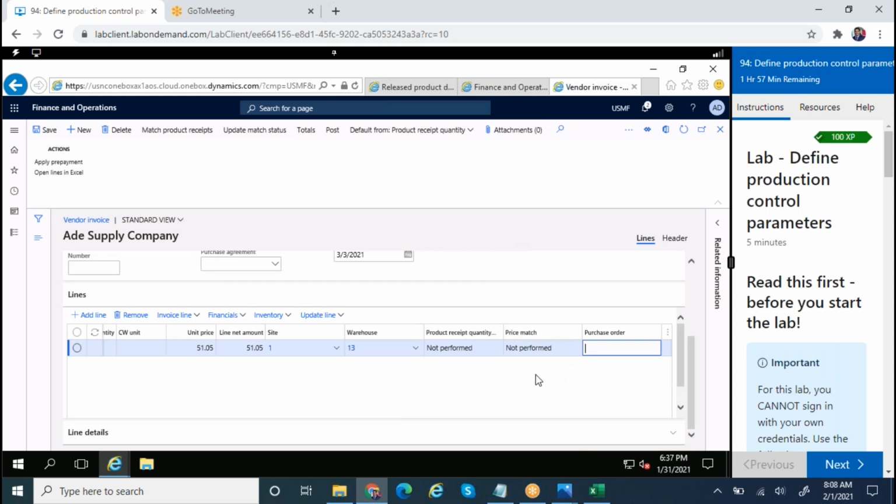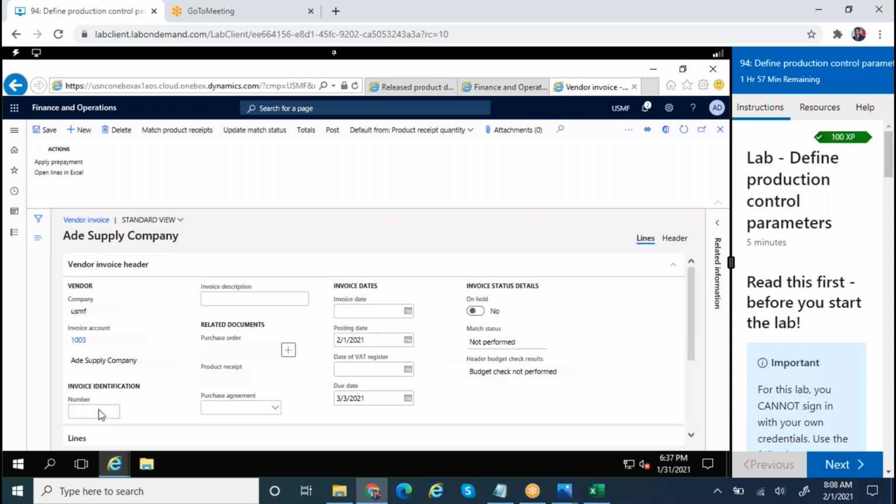It will not take much, in 1 minute only it will be completed. So what I'm doing is posting the pending vendor invoice. It is another 2 minutes only. Please bear with me, everyone. Whatever you are asking, I will give an answer to some extent.